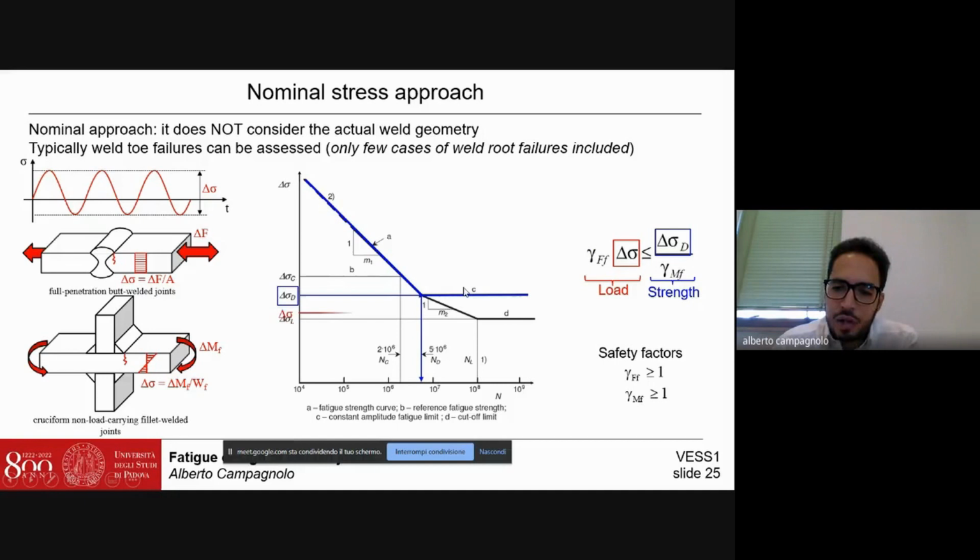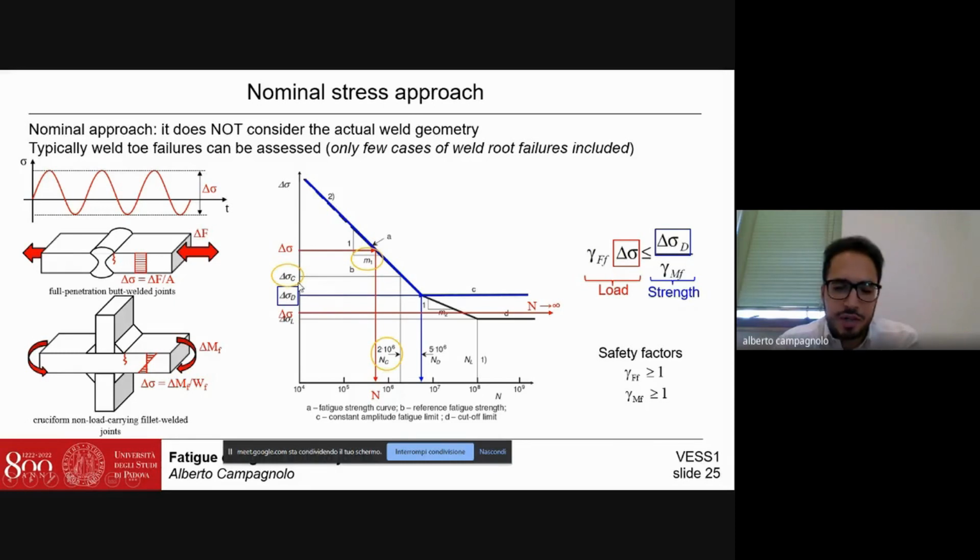If the applied load delta sigma is lower than the fatigue limit, we can assume that infinite life is possible for our welded structure. On the other hand, if the applied load is higher than the fatigue limit or the knee point, we can intersect the fatigue curve and derive the expected fatigue life of our welded structure.